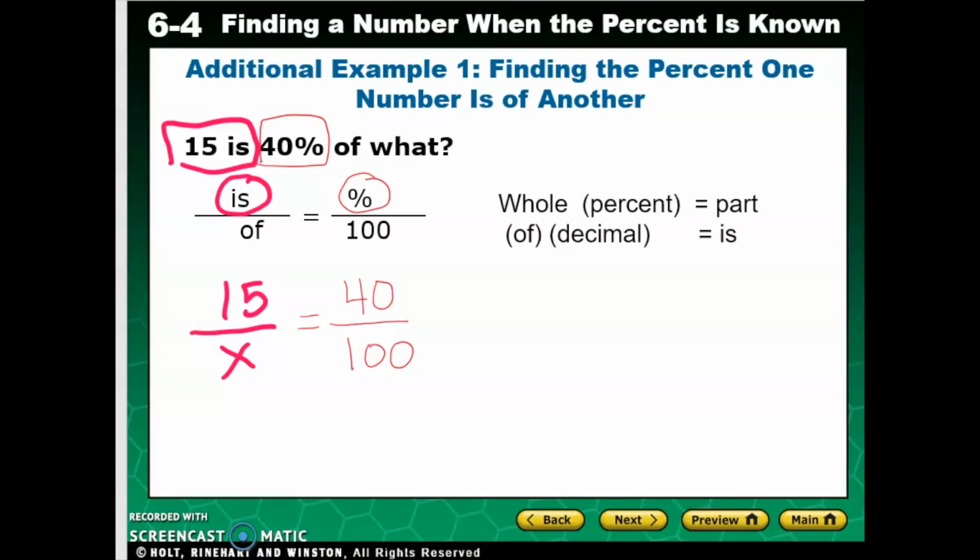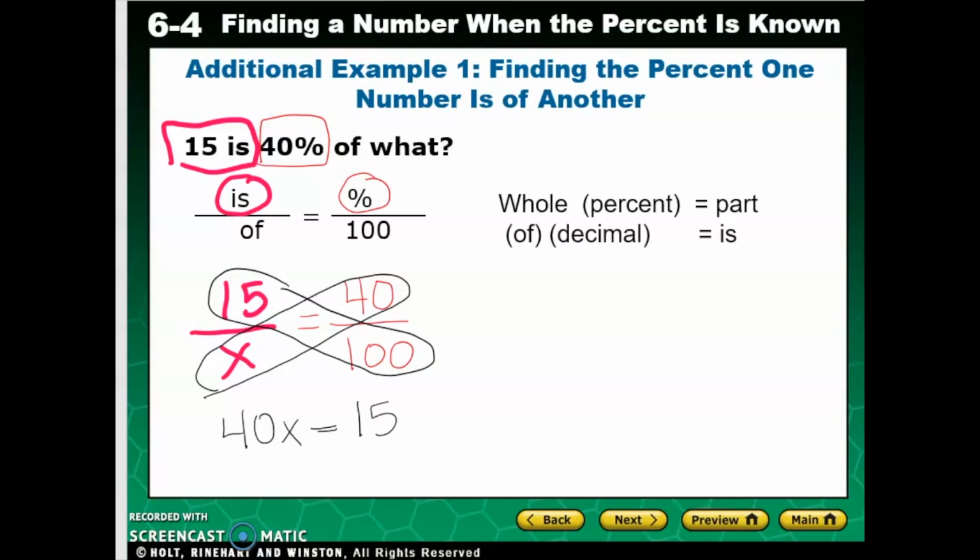So now we're going to use our cross products to solve. So x times 40 is 40x equals 15 times 100 is 1500.